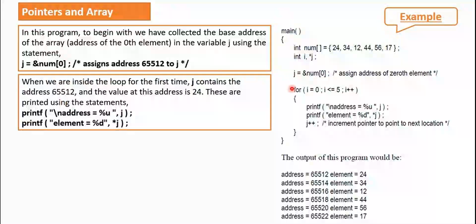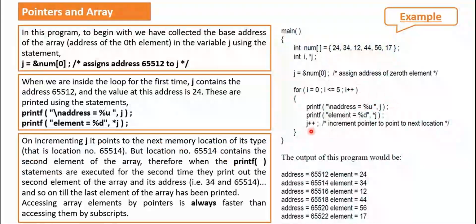When we enter this loop, j has the first index address, okay, and the value at this address is 24. These are printed using the statement. We have printed the address that is stored in j, and we have printed the elements by the value at address operator. So pointer j will print the value at that particular address, and after that we are incrementing j.